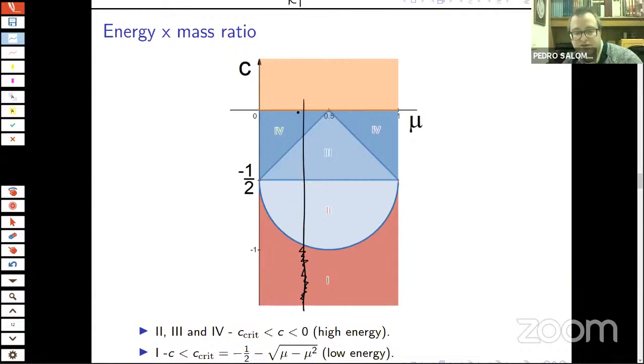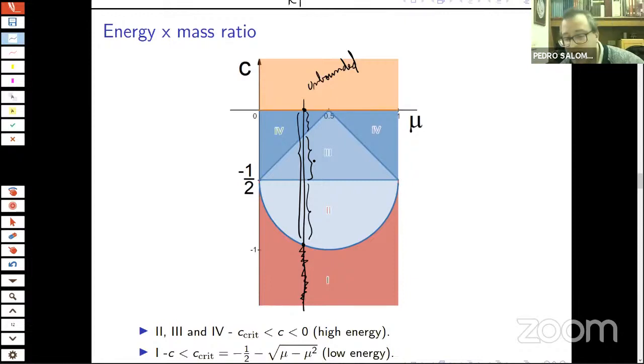And so we have this range of energy here, which I call high energy, which is from this point to 0, and above 0 is the case of unbounded trajectories that we are not interested in, so I will just ignore. But for high energies, we have three intervals of energies. It's not so high, middle high, and really high. I will call these the three intervals of energy for fixed mass ratio that we see here.